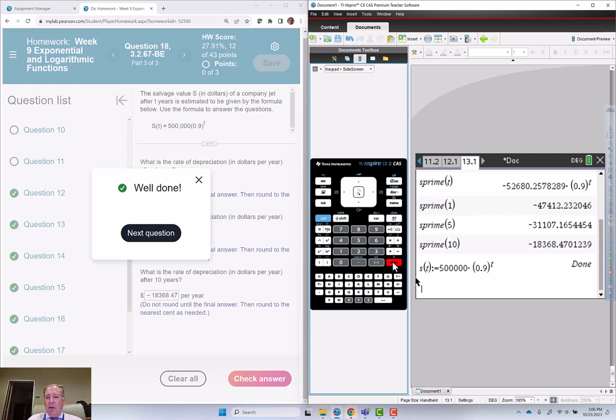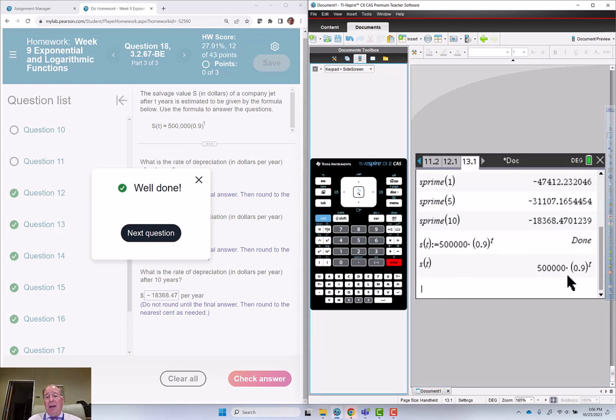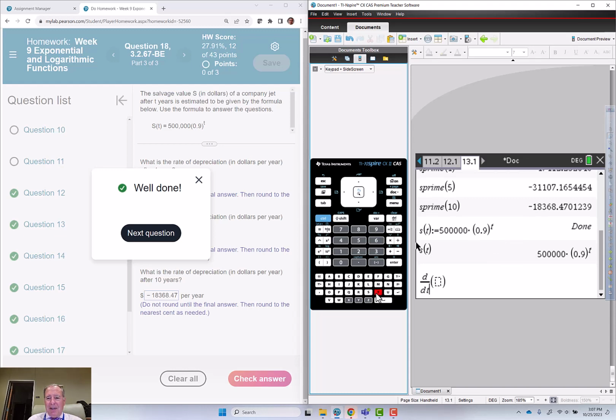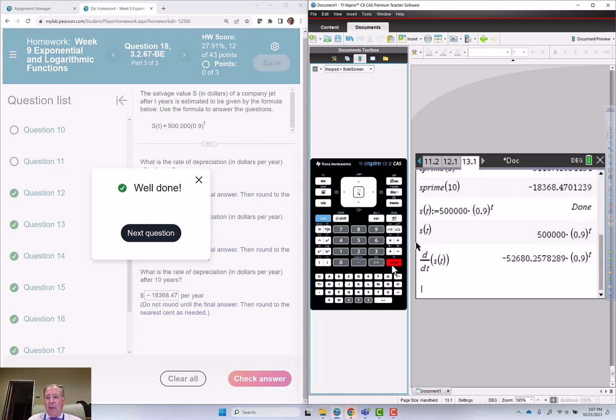We'll hit enter and it says it's done. So now we have S and S prime. So if we go S prime at t, it looks just like we put it in. Now I can take the derivative of S at t. Shift minus, t is now our variable. Tab to move through the template. Then S at t. And whoa, that looks way different.